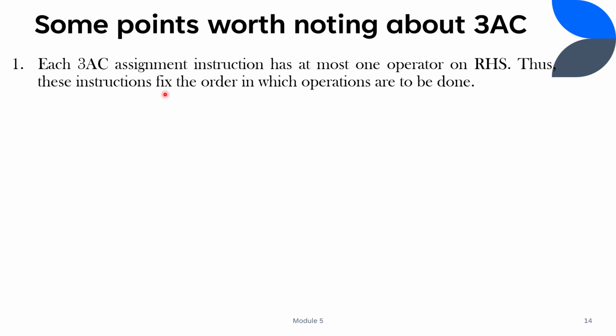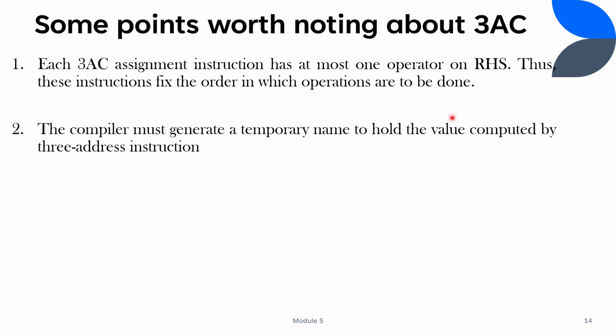Thus, these instructions fix the order in which the operations are to be done. The compiler always generates a temporary name to hold the value computed by 3AC. So if you observe, when int to float 60 was converted to float, the result is saved in a temporary variable, that is t1.